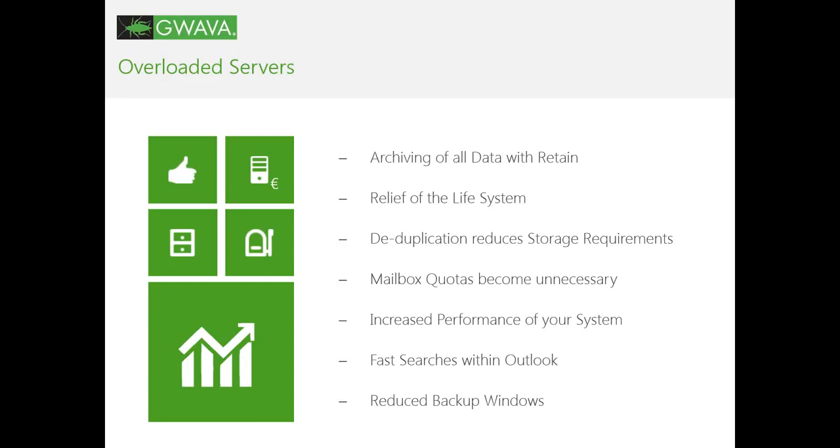But how can Retain support you in handling PST files? Retain has its own PST migration tool for all those decentralized PST files. To put it crudely, you just take all of this PST content and save it to the user archive to be able to have access to the lost data again.